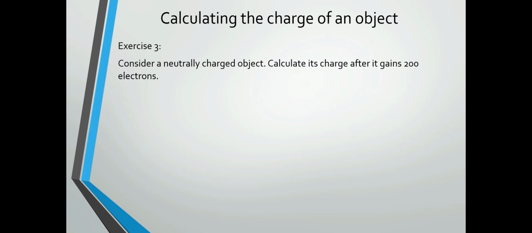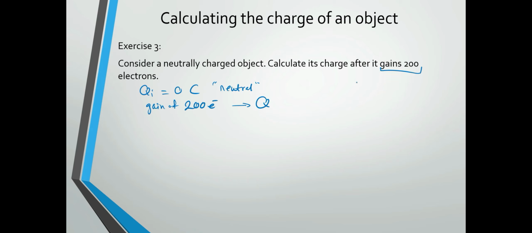Consider a neutrally charged object. Calculate its charge after it gains, this time it gains 200 electrons. Again, the initial condition, Q initial is 0 coulombs. It was neutrally charged. After it gains 200 electrons, we will get a certain charge.